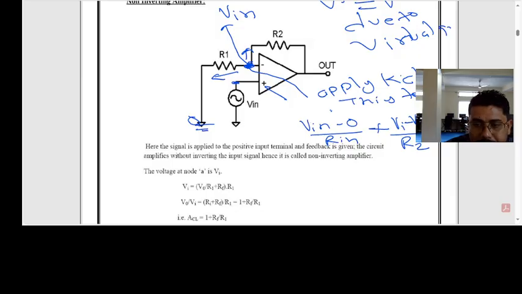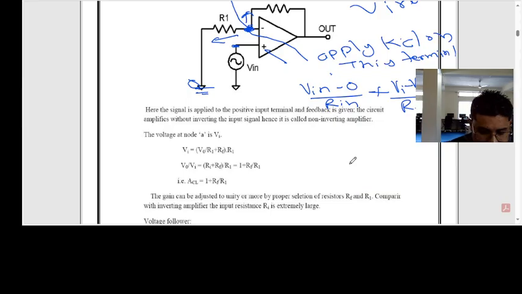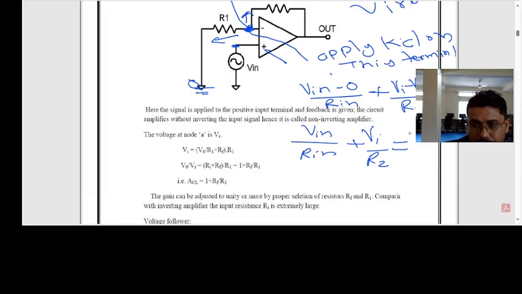And then we can arrange these equations: Vn divided by Rn plus Vn via R2 equal to V0 via R2.